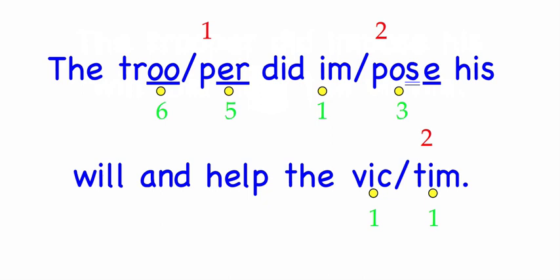The compact, com, 3 sounds, K, A, M. Pact, 4 sounds, P, A, K, T. Compact man did retire. Retire, re has 2 sounds, R, E. Tire, 3 sounds, T, I, R. Retire, but gave no reason.